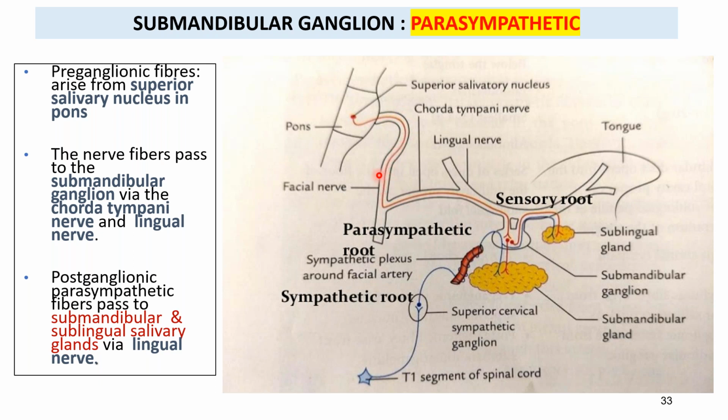So this is the facial nerve, which carries the preganglionic fibers, and it enters into the branch of facial nerve which is the chorda tympani nerve. So we have traced from the superior salivatory nucleus to the chorda tympani nerve.